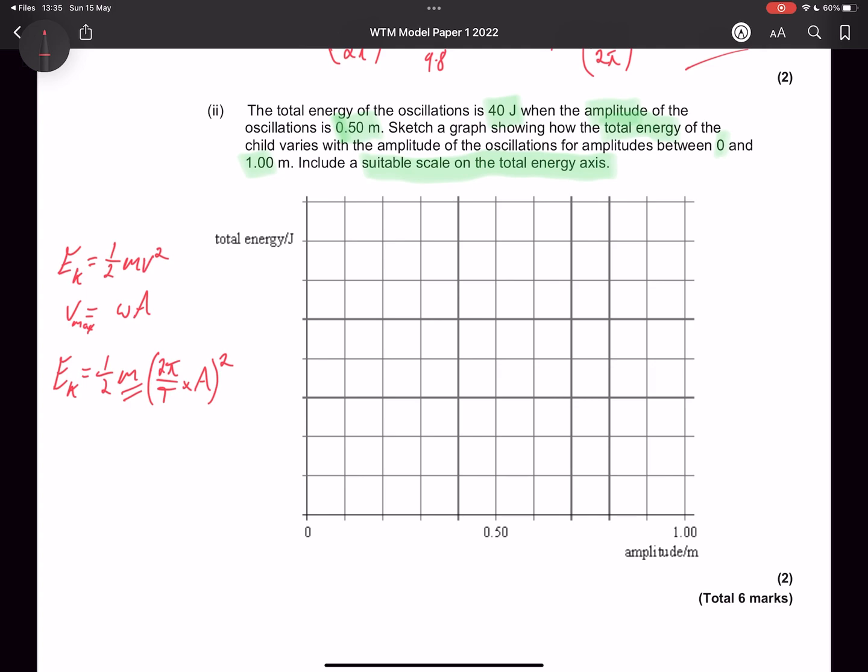Then we'll be able to plug it in to the equation with A being 1 rather than 0.5. So if we plug in these values after rearranging for m, we will end up with a mass value of 83 kilograms.